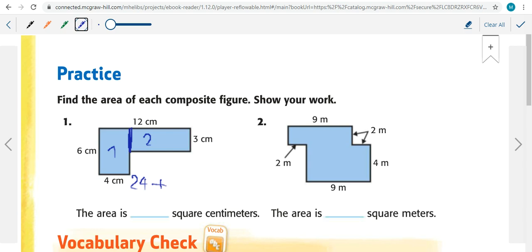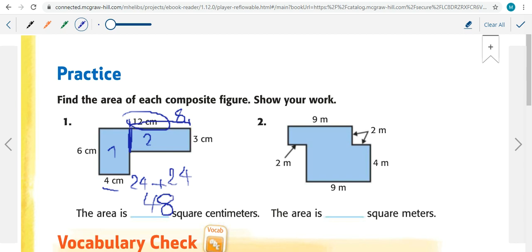Now, the area of rectangle 2 cannot be 12, because one part of this is already 4, so that means that only this part over here is 8. Why? Because 12 minus 4 is 8. Now we multiply. 8 times 3 is 24. So the area of this composite figure is 48 square centimeters.